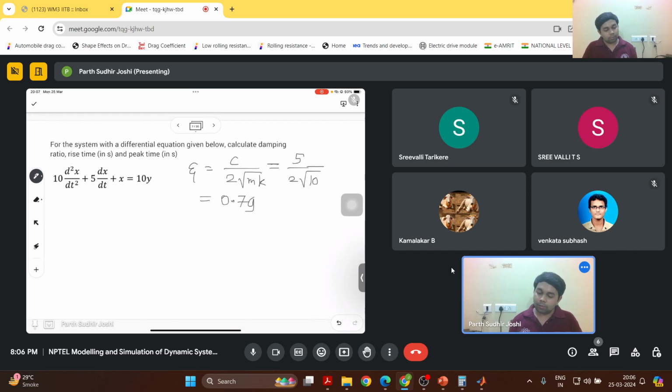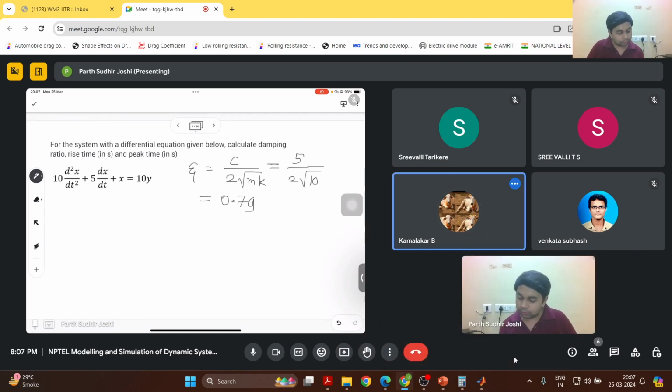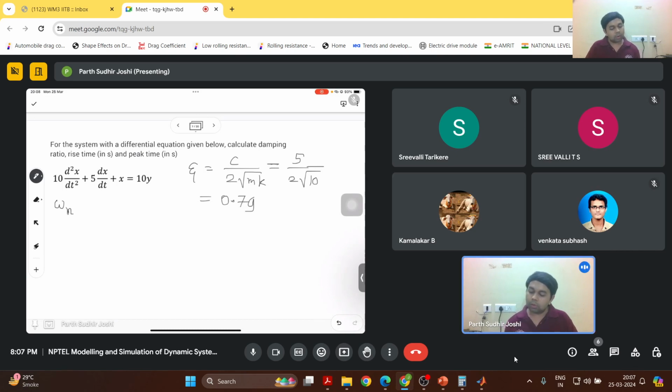Now we have to find out what is the rise time and peak time. Before that, we can also calculate omega n square.